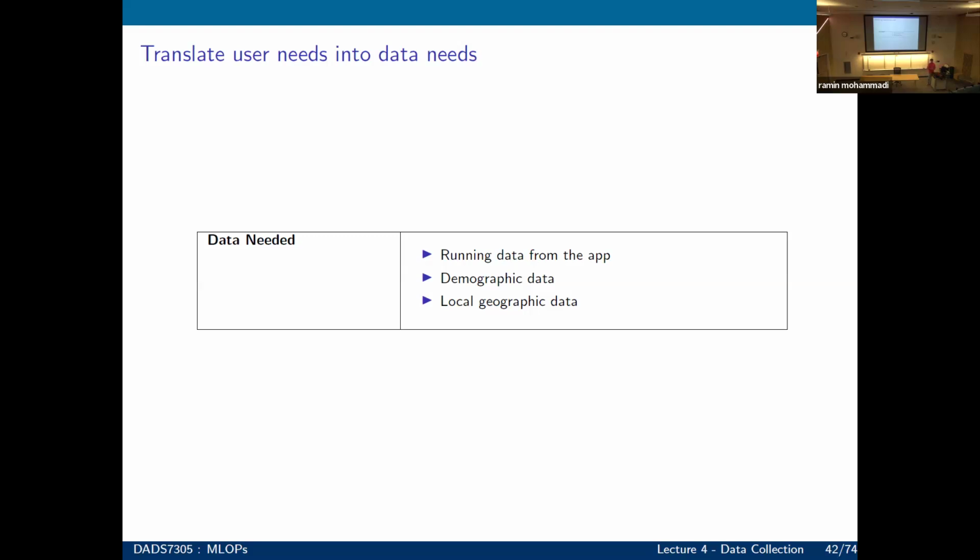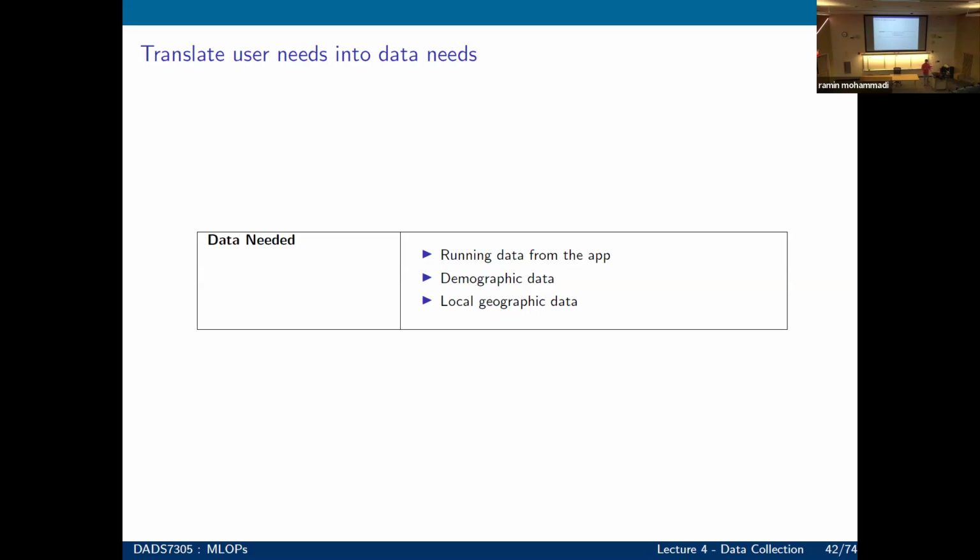If you are building an app for runners, the user need is that they want to run more often. That was your assumption as a user, right? Your product probably has a different user. So the data that you have needs to account for this user need. You couldn't just have an idea that you want to suggest users to run better when the data doesn't have that information.